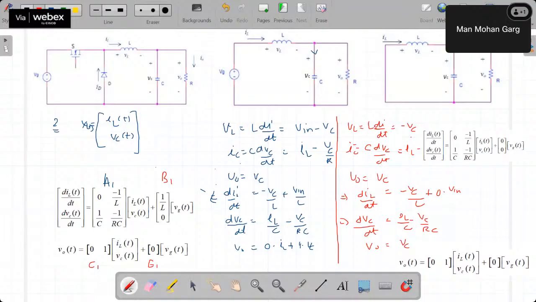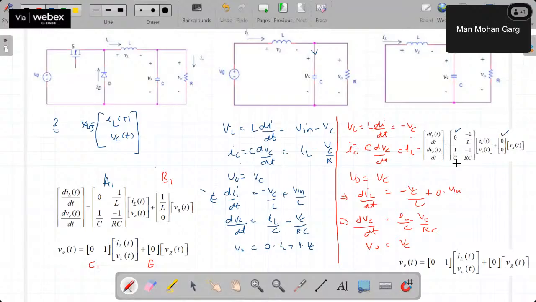So if I write these equations in this state space model form, then from here what we are seeing is that this dIL by dt equal to minus Vc upon L. There is no coefficient of IL, so it is 0. And similarly, here now the coefficient of Vin is also 0, so this portion comes to be 0.